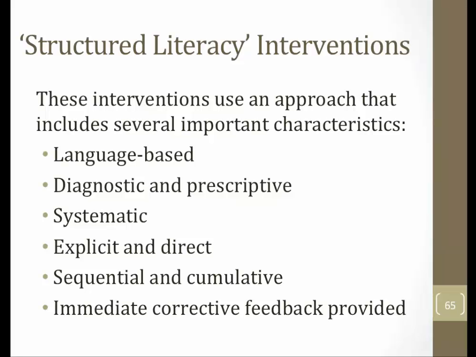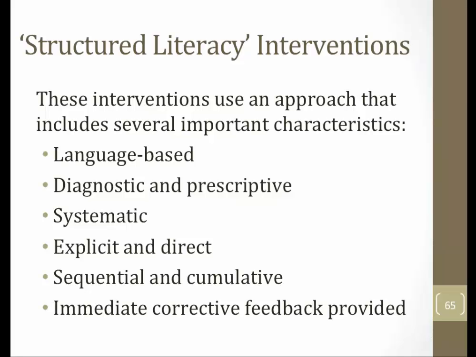Multisensory simply means that we're using all of our senses. So that's just good practice. There's no research to say multisensory works, and that's a tricky thing, but there isn't. So we took multisensory out of the term, and we now call it structured literacy.